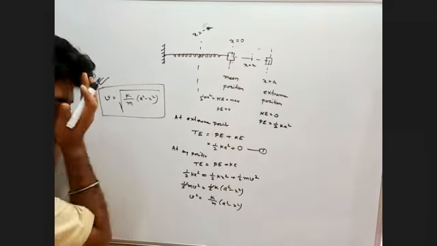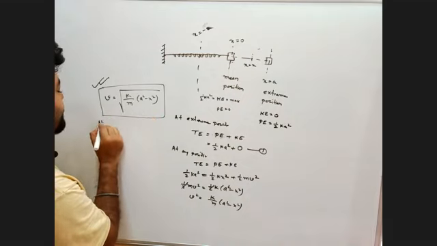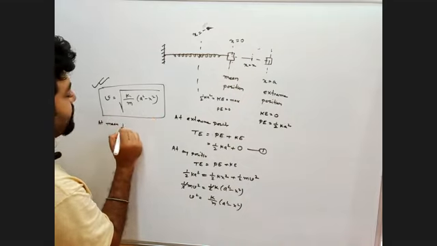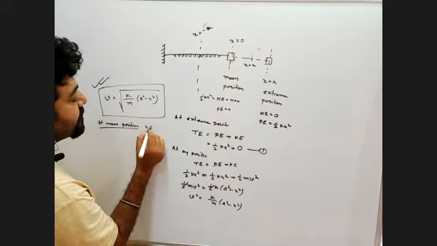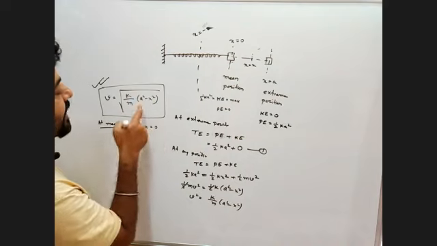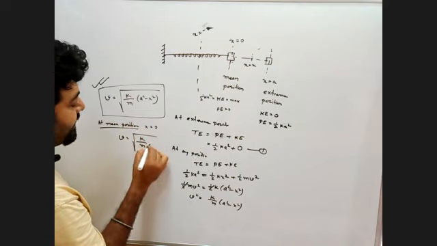And from this, at mean position, x equals to 0. If you put x equals to 0, v equals to root under k by m into a.